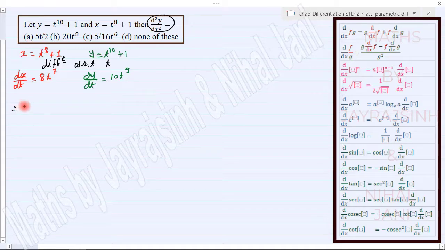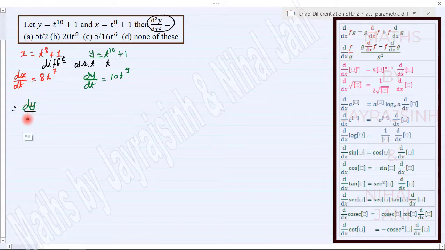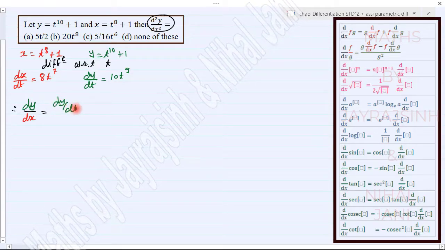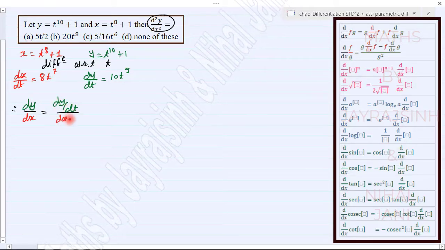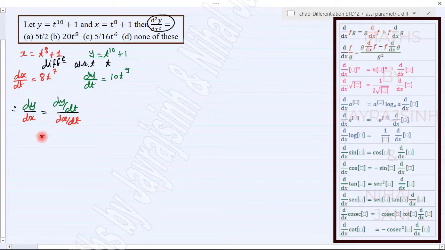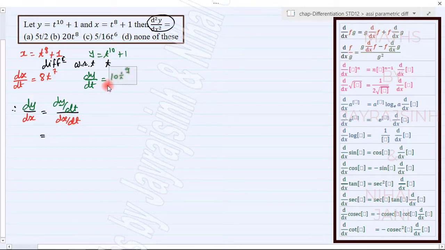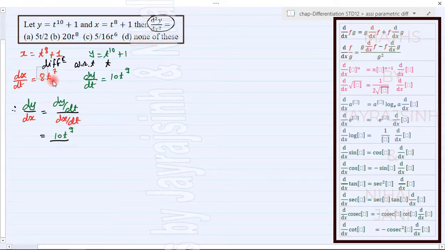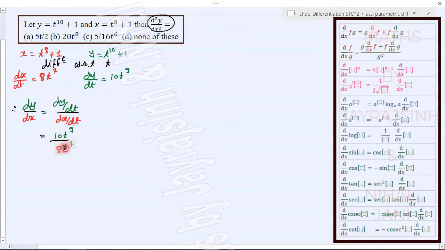So we can get our dy by dx by taking the ratio of dy by dt and dx by dt. So your numerator is 10t raised to 9 upon the denominator 8t raised to 7.